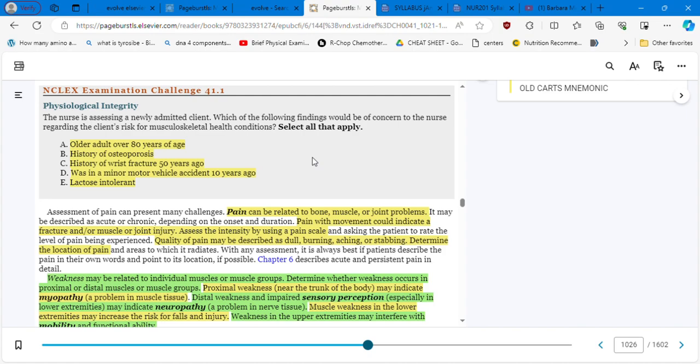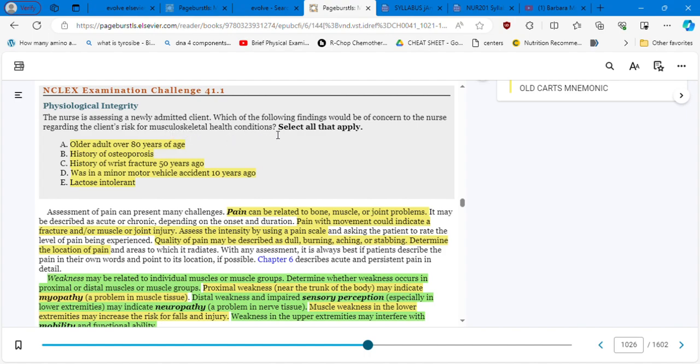Start with the question of the question. Meaning, I have here the question in front of me. I'm going to look for which of the following findings. I'm going to start with that. Which of the following findings would be of concern to the nurse regarding the client risk for musculoskeletal health condition? This is what I'm looking for, the risk for musculoskeletal conditions.